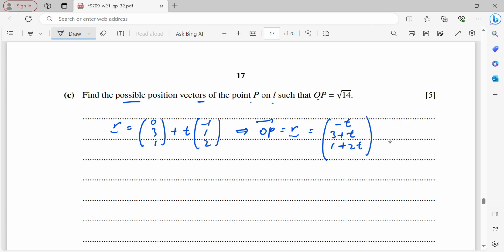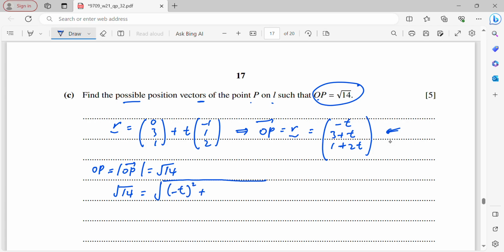Okay, then now OP means magnitude of vector. OP equals to magnitude of vector OP, which is square root 14. So now I will write square root 14 is magnitude of this vector. So it will be square root of square of negative t, plus square of 3 plus t, plus square of 1 plus 2t.